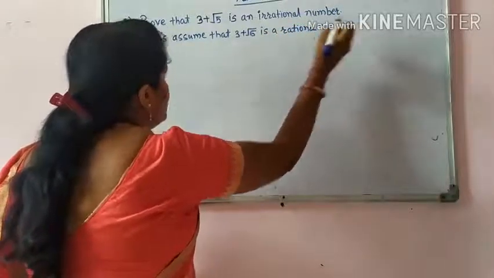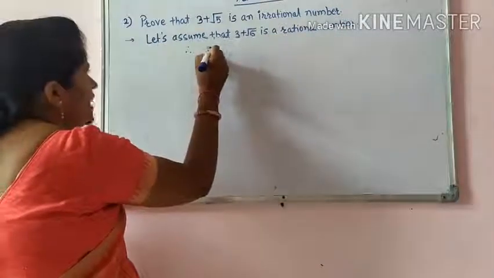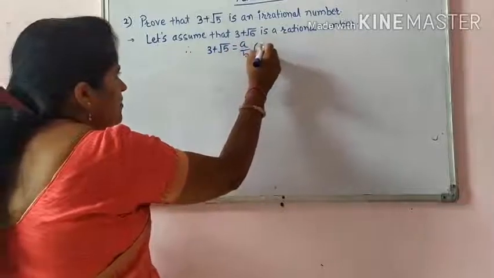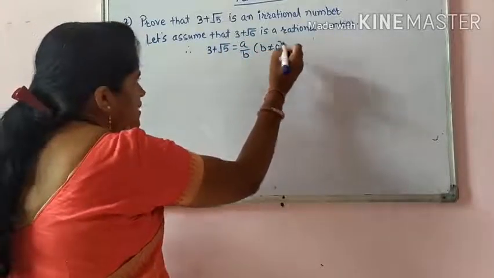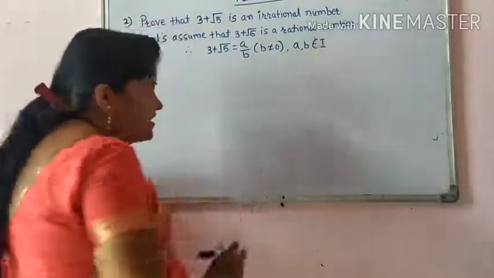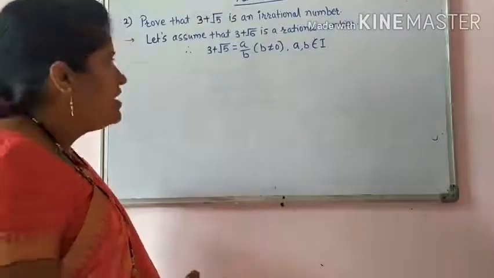Therefore, 3 plus root 5 is equal to a upon b, where b is again not equal to 0 and a, b belong to the set of integers, that is, a and b are integers.